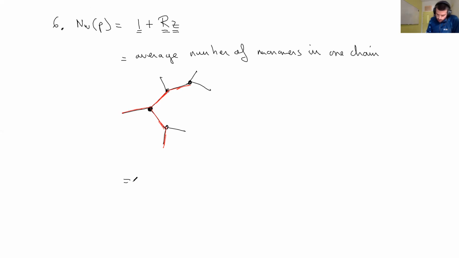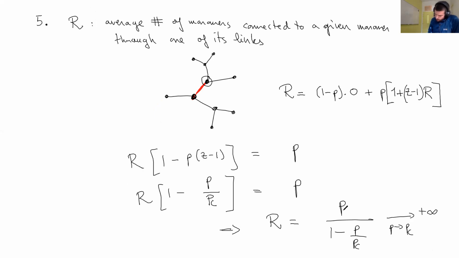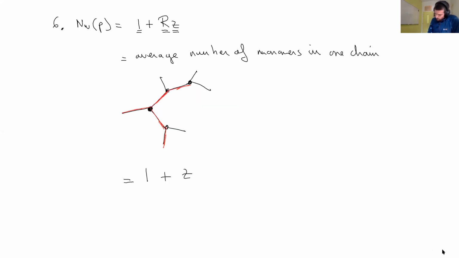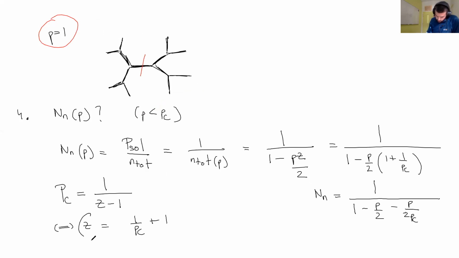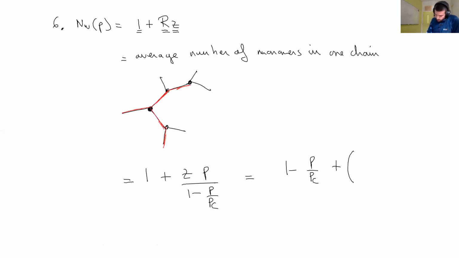I can just express it as 1 plus Z times R, and R was P over this divergence. And so this is 1 minus P over PC plus Z times P, and Z we can express from PC. It's 1 over PC plus 1. So that is Z times P, because there's this P here, and then I divide by a common denominator.